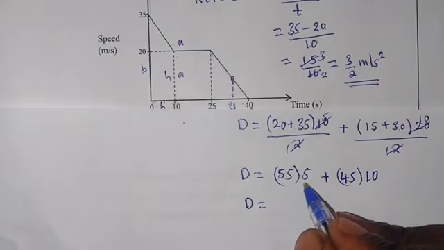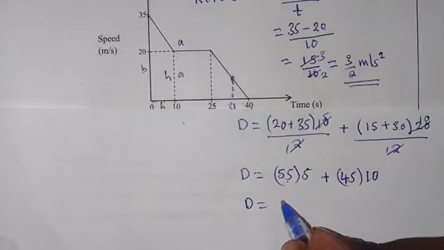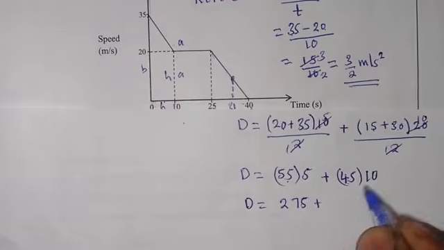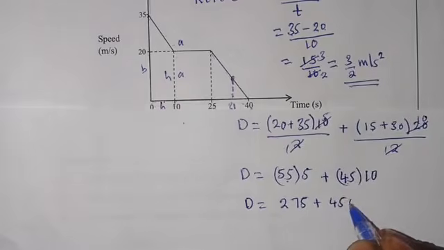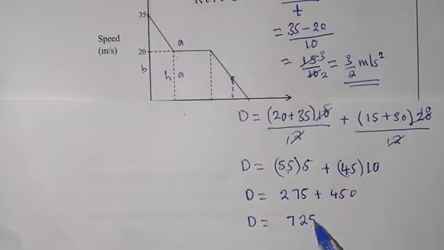So once we multiply, 5 times 55 will give us 275, and 45 times 10 will give us 450. So distance equals this and this, which will give us 725 meters. So this is the distance.